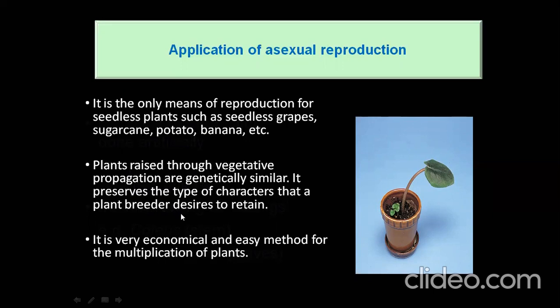For example, if a plant has a good character and I want to retain it, I will give priority to asexual reproduction, because in asexual reproduction no meiosis takes place and no variation comes. So that specific character will remain in that plant.